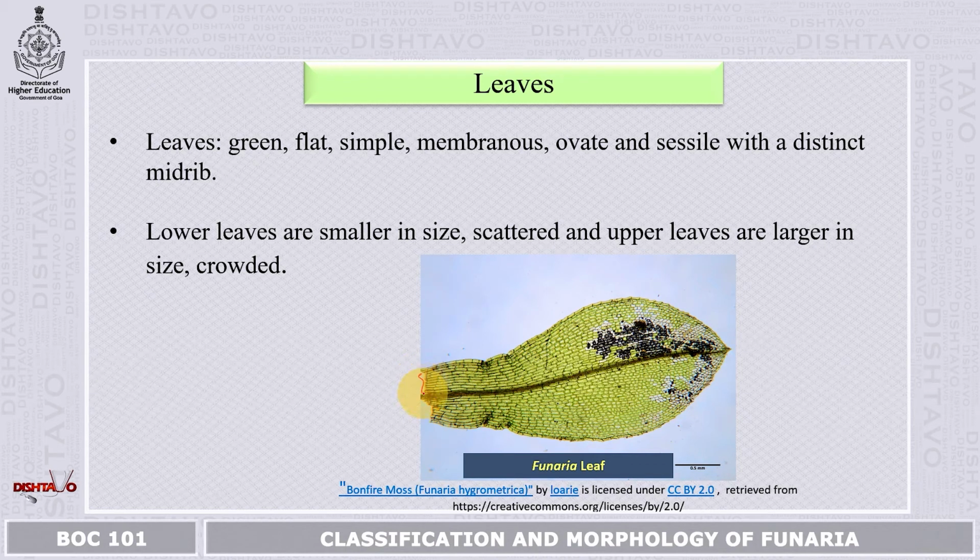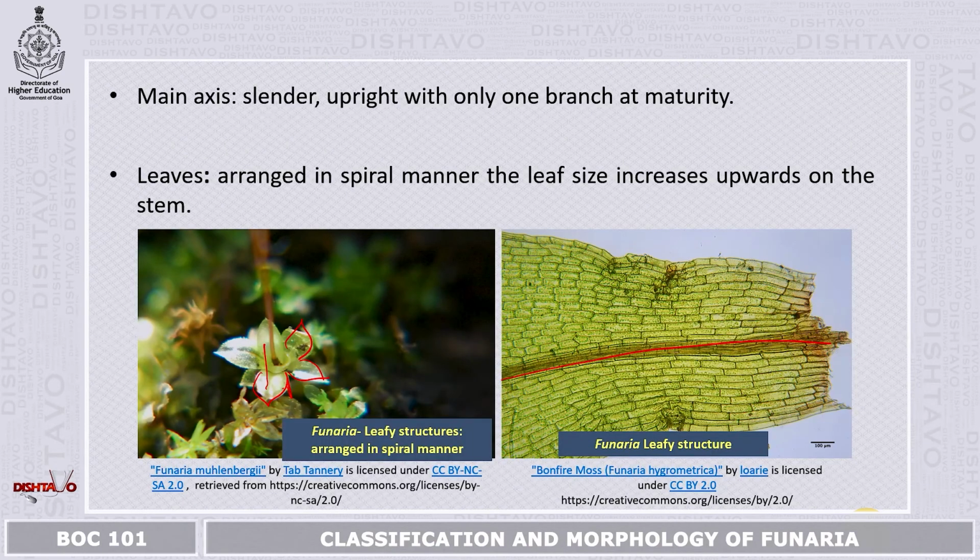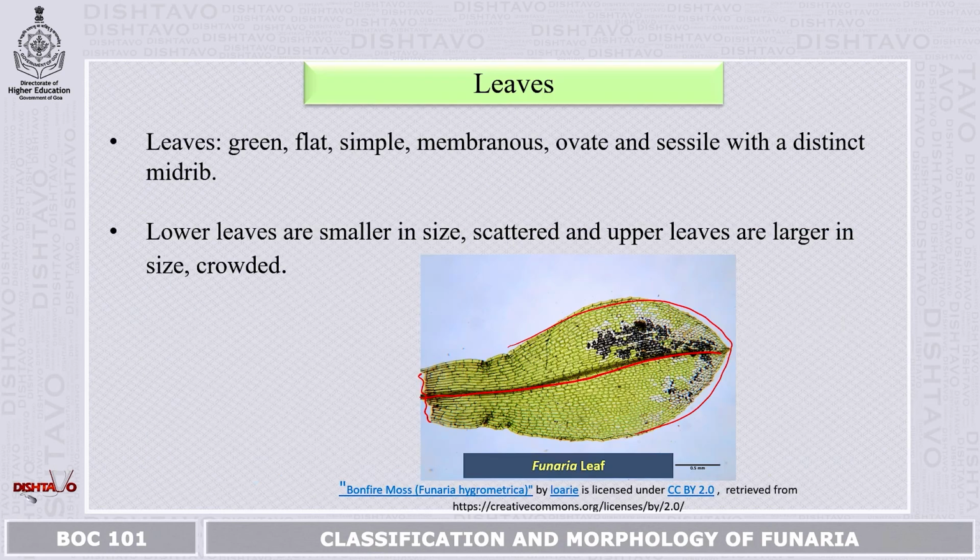They are sessile, ovate in shape, and have a distinct midrib passing through the center. The lower leaves are smaller in size and scattered, and the upper leaves are large in size and crowded. Here you can see the upper leaves are larger and crowded.